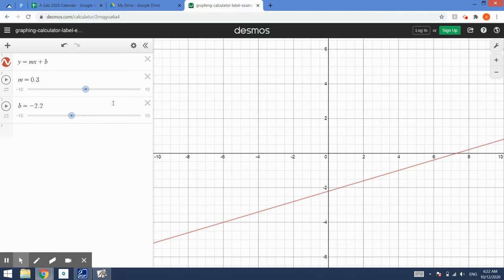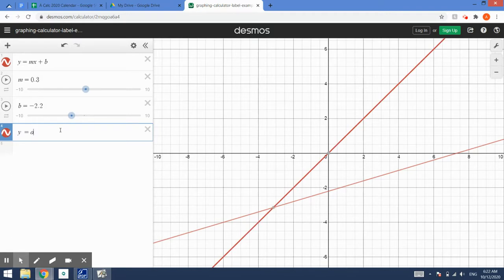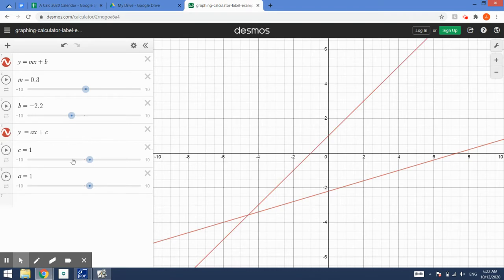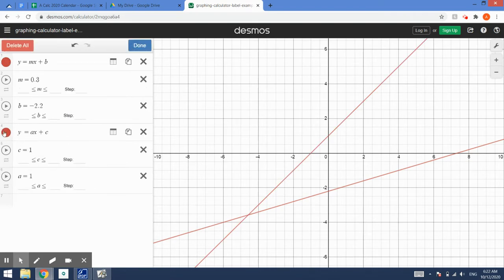But I'll just do y equals ax plus c. So that's the only way that we can sort of get the other ones to show. And I'll just make this a different color.